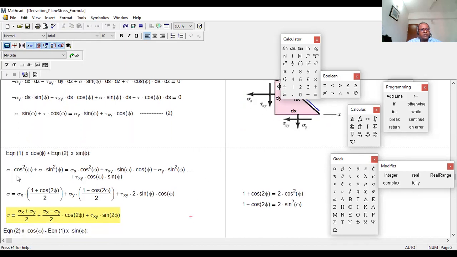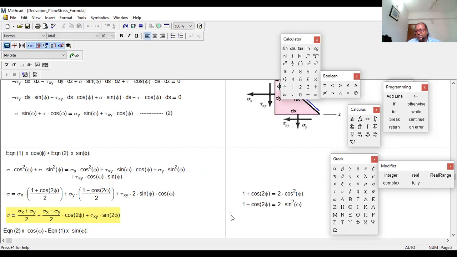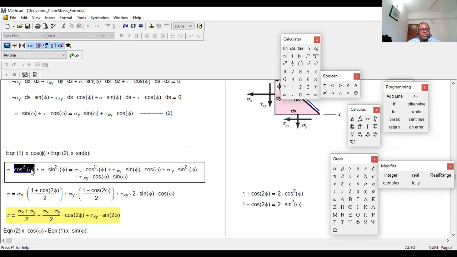Then we get this one. Left side cos square phi plus sine square phi; over here sigma x cos square phi, tau xy sine phi cos phi, sigma y sine square phi, tau xy cos phi sine phi. Now you can just simplify. You take sigma common, then you get cos square phi plus sine square phi equal to 1.